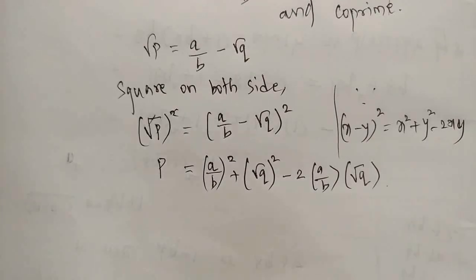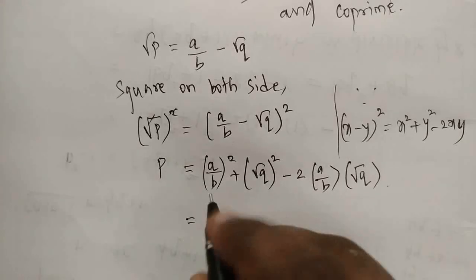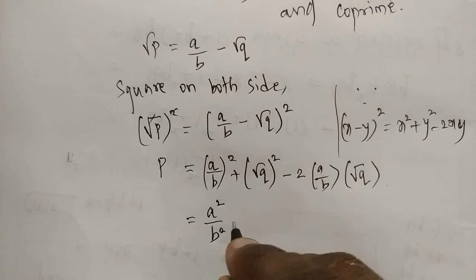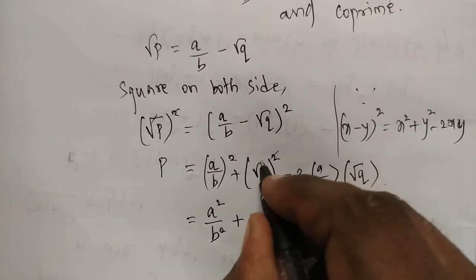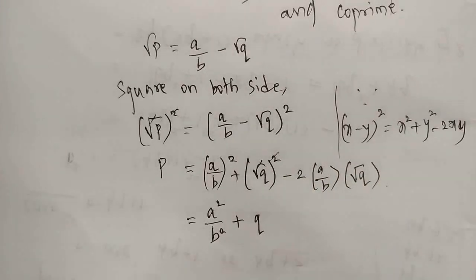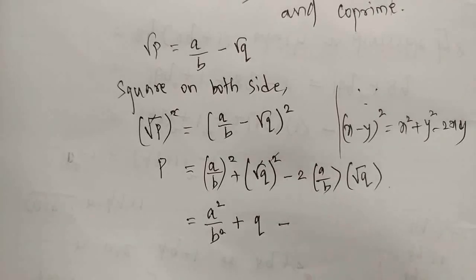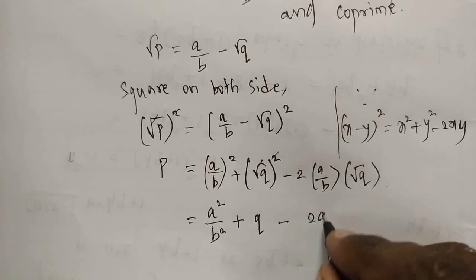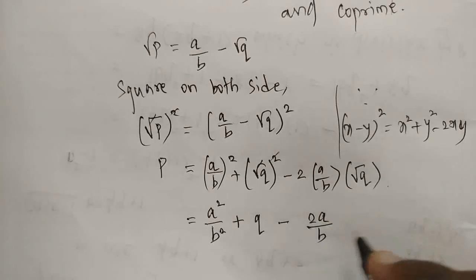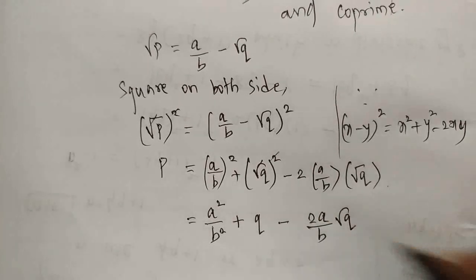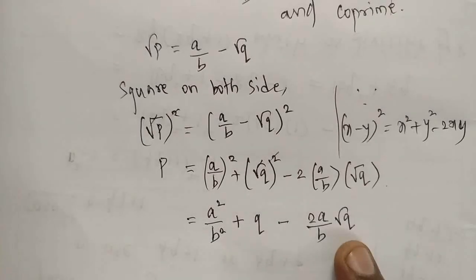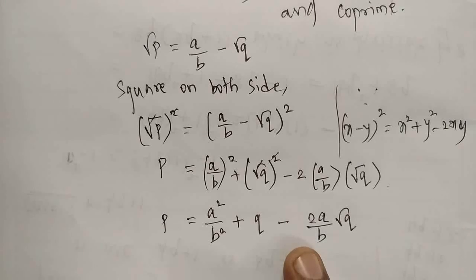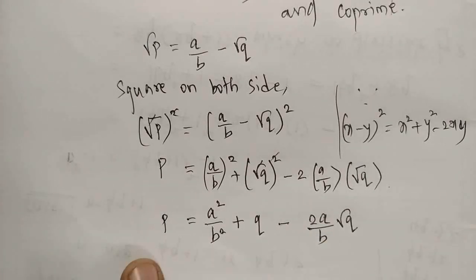The square applies to both numerator and denominator, so we get A square divided by B square, plus Q, since the square and root cancel, minus 2A by B into root Q. Since this term is negative, if we bring it to the opposite side it becomes positive.